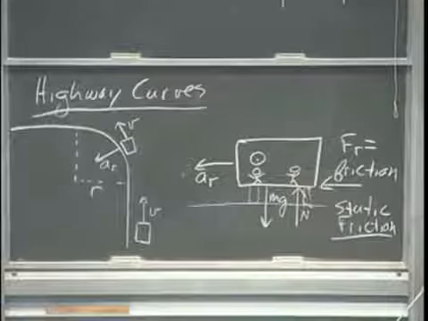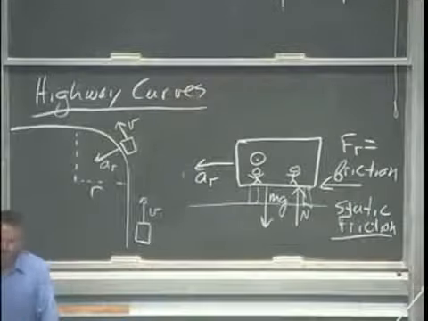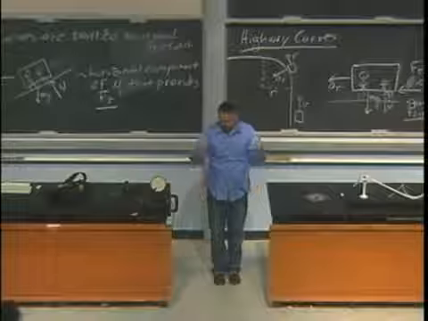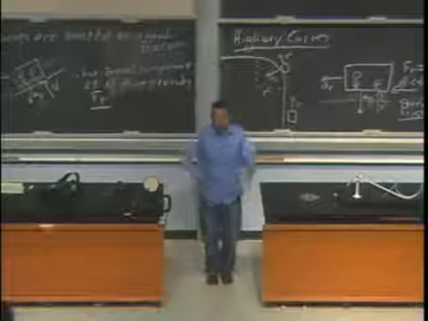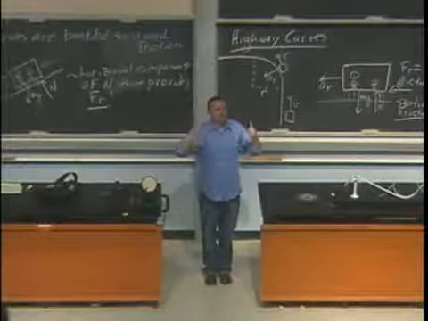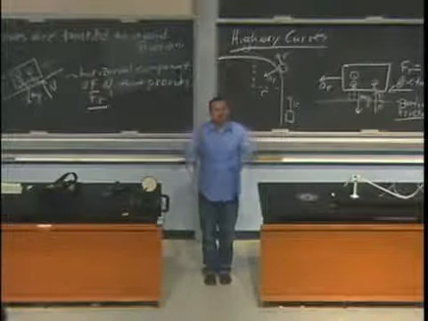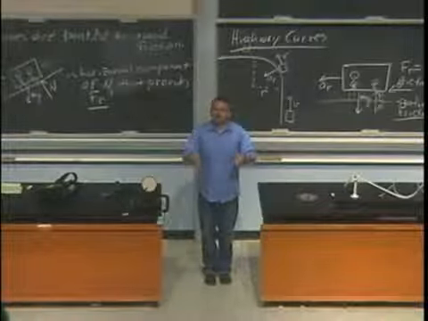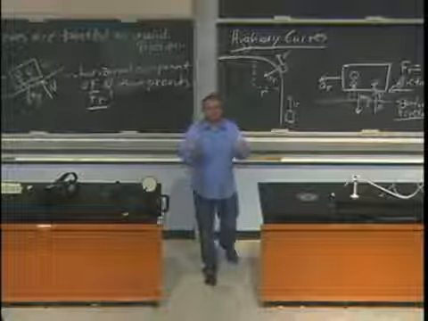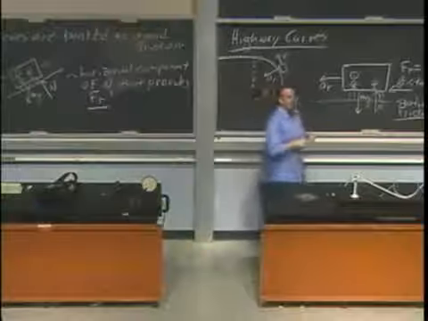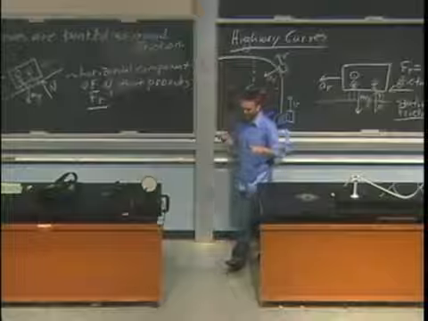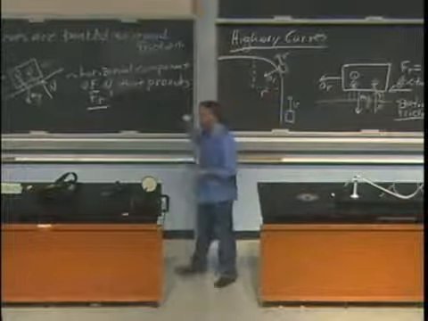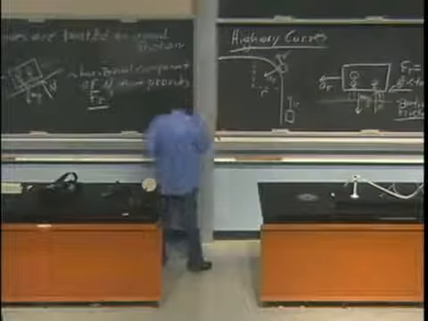If you're standing in an elevator and the elevator is accelerating upwards, that means you have more normal force acting on your feet, which means you feel like you have a larger gravitational force acting on you, even though your real weight has not changed at all. Your apparent weight, or your fictitious weight, apparent weight is probably a better term, feels like it's increased because you are in an accelerating frame of reference. Same thing in the car. We just have a different name for it.